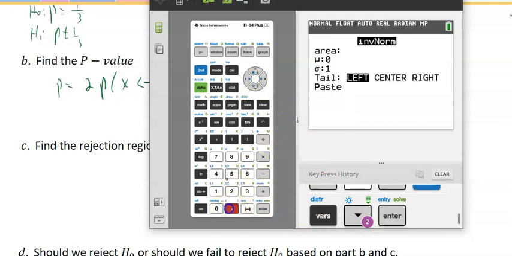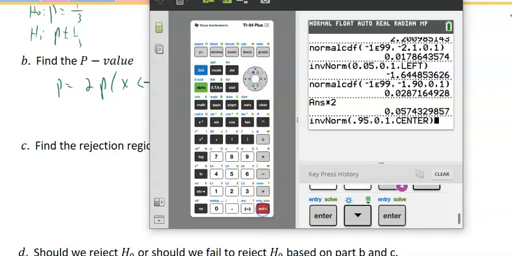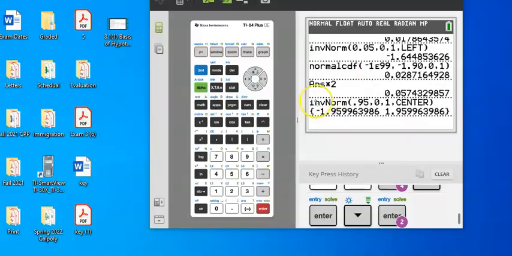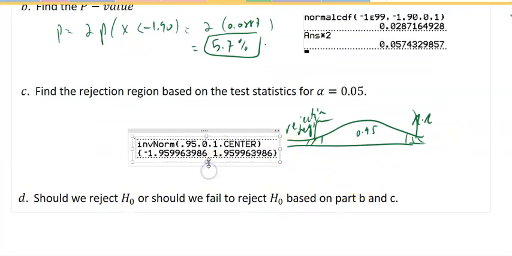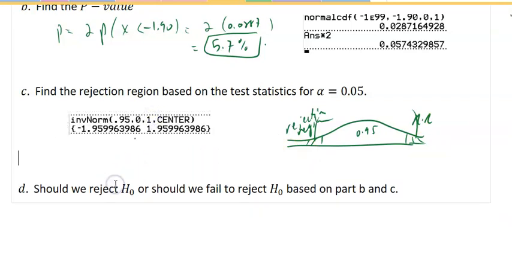We want an area of 0.95, and we want it centered. And that would be 1.96 and negative 1.96. So negative 1.96 and 1.96.